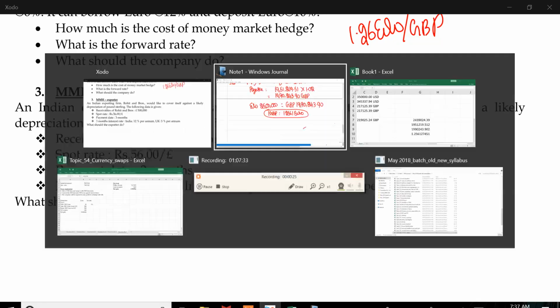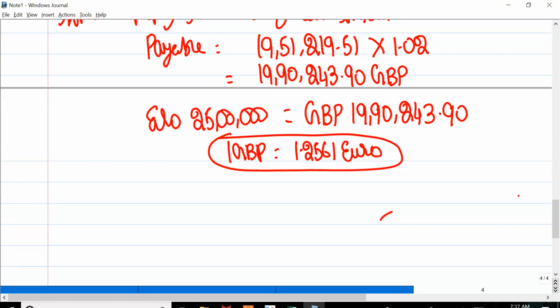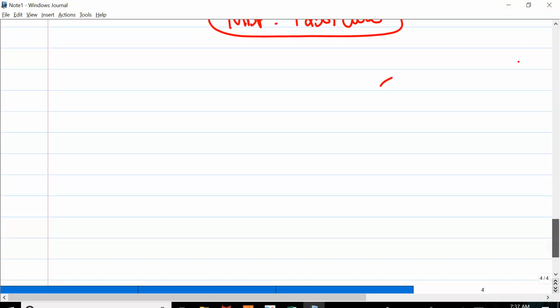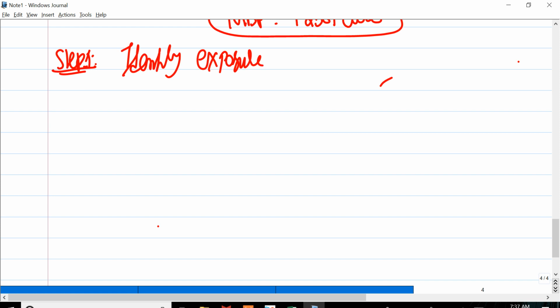Now, step 1, identify exposure. What's the exposure?